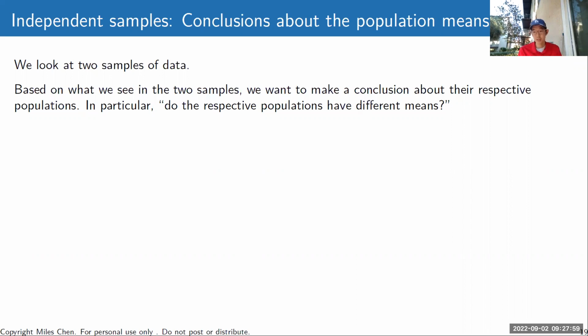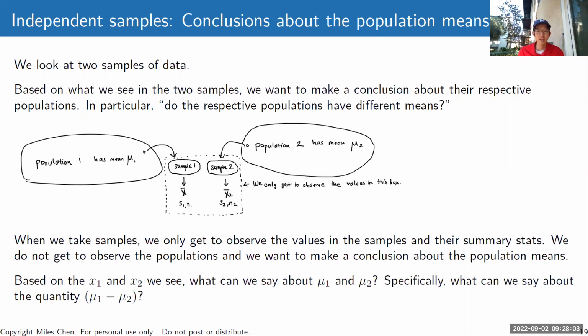And the question is, do their respective populations have different means? The picture is something like this, where you have a big population, population 1, and a big population, population 2. Population 1 has mean mu1. Population 2 has mean mu2.